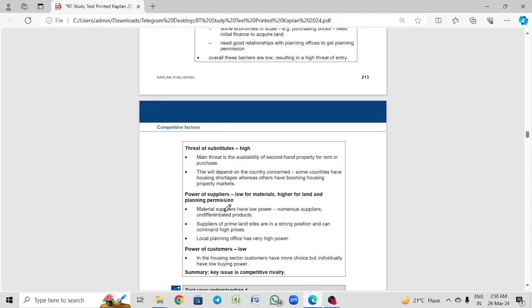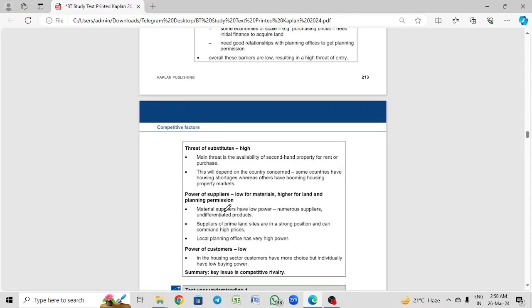Threat of substitutes is high when there are many substitute products present in the market. Okay, many products of similar quality, similar type, present in the market, and similar prices are charged. Okay, so the buyers are keen to switch from brand to brand, from product to product. Okay, so the more the substitutes, the more the threat.